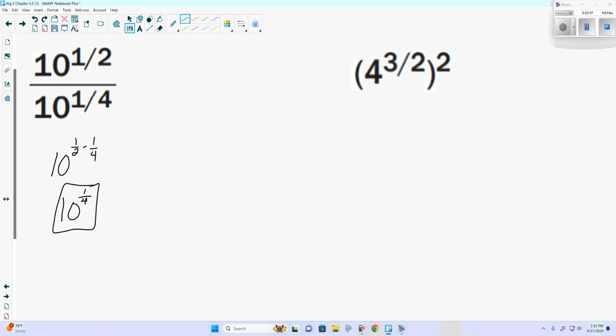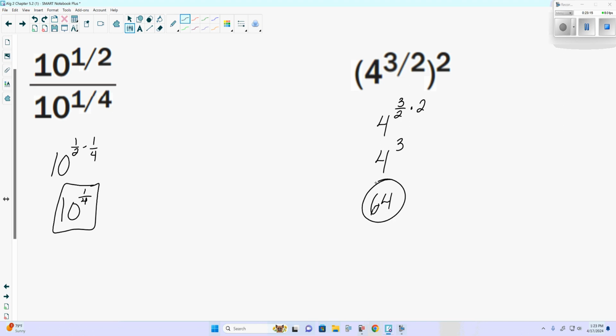Questions on any of these here? 4 to the 3/2 squared. So it'd be 4 to the 3/2 times 2. Well, 3/2 times 2 is 3, so 4 to the 3rd, which is, yes, 64.